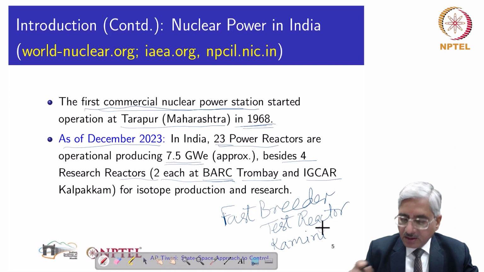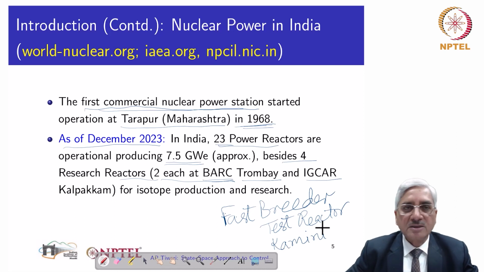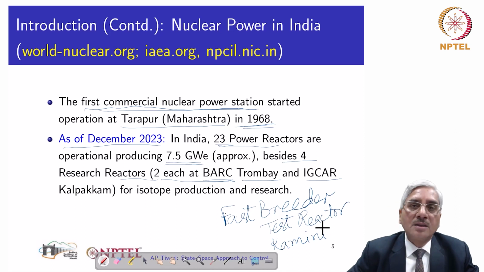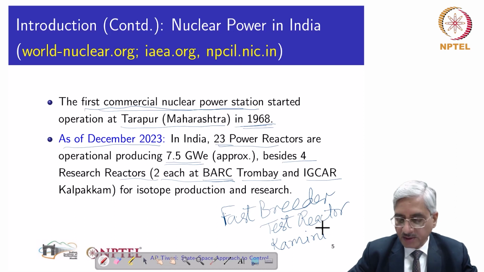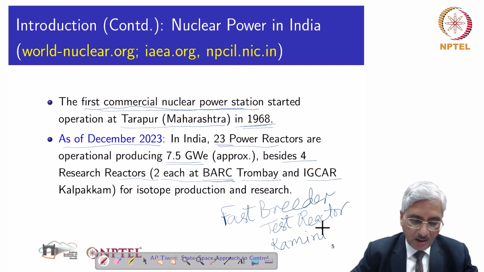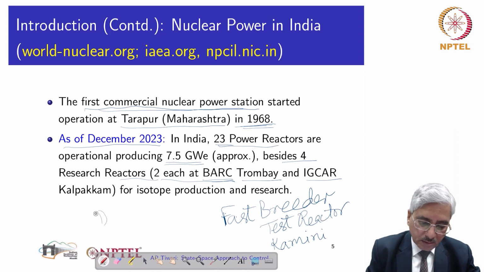So Kamini is a very small reactor rated at a maximum of 30 kilowatts. Fast Breeder Test Reactor is rated 20 megawatt. Both these reactors are operational at Kalpakkam. And at Trombay, as I told, one is Dhruva and one is Apsara U.